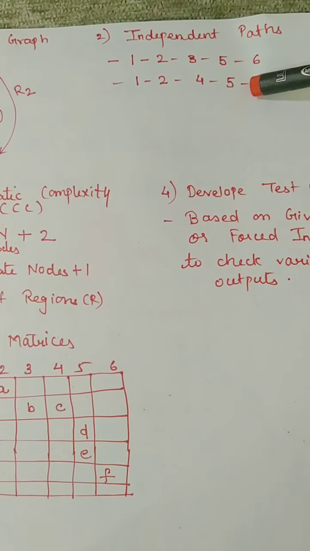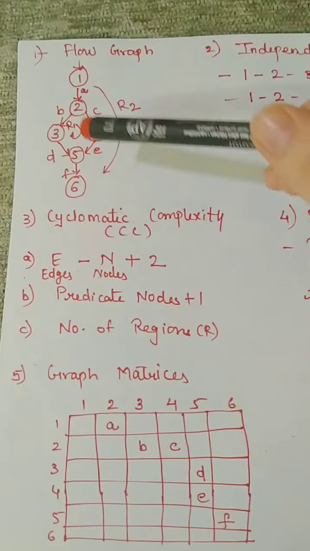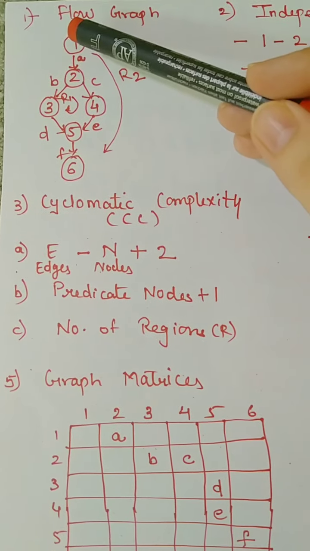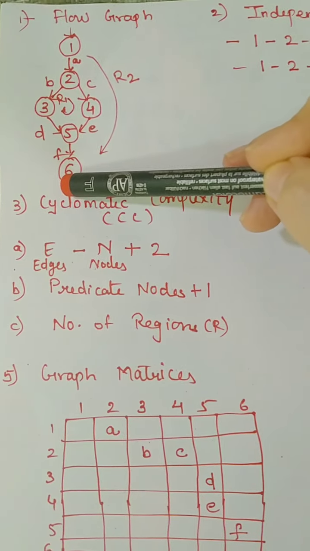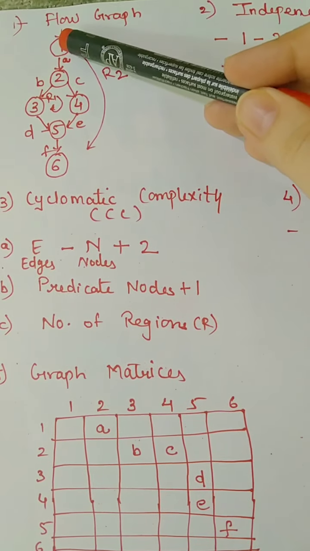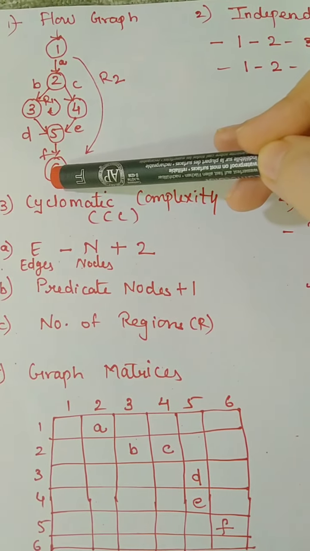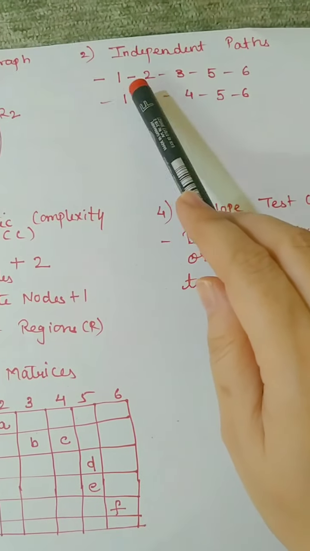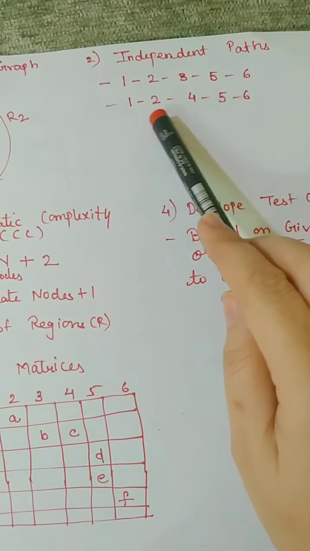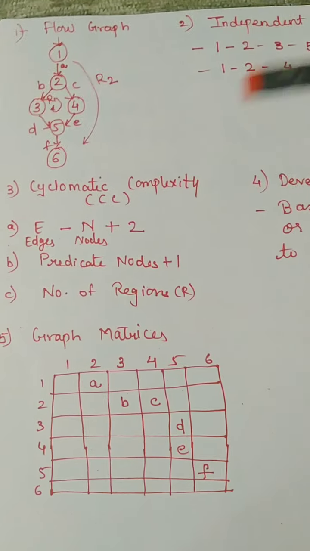That is our next step. So what are the independent paths in this flow graph? 1, 2, 3, 5, 6 is one independent path. 1, 2, 4, 5, 6 is another independent path. Okay, that is what I have mentioned here: 1, 2, 3, 5, 6 and 1, 2, 4, 5, 6.